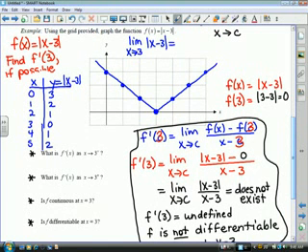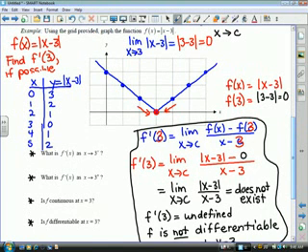Now forget derivatives, just the limit. What is the limit of that? 0. We could just plug 3 in and get 0, right?